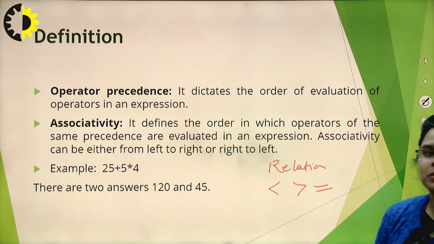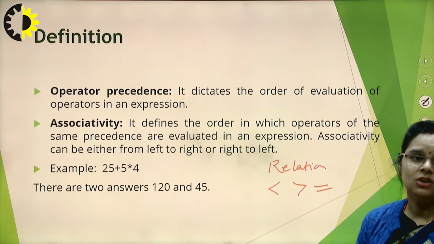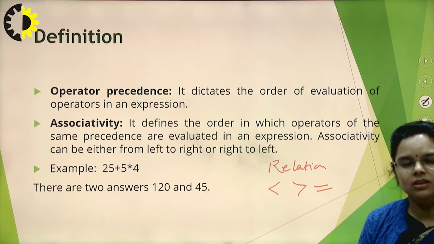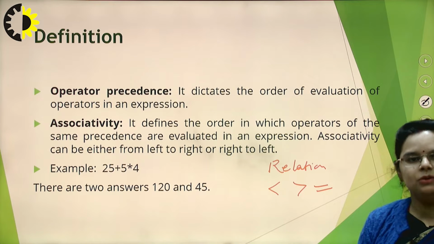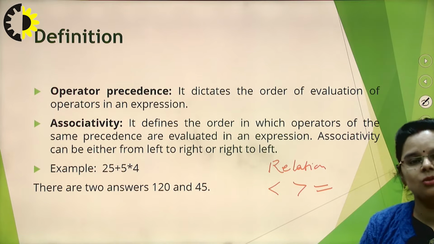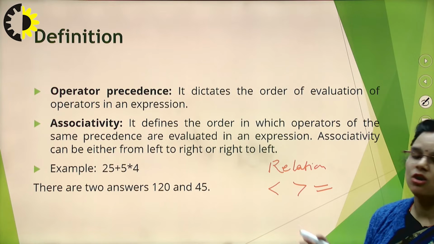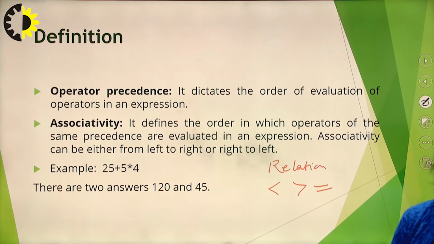So today we will be discussing operator precedence and associativity. Whenever we have an expression, how do we evaluate that particular expression? Which operator has higher precedence and which operator has lower precedence? Today's lecture is all about this. So what is operator precedence?